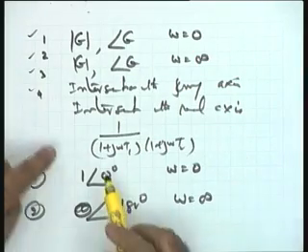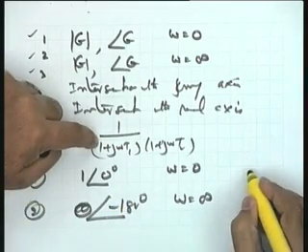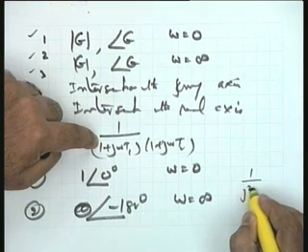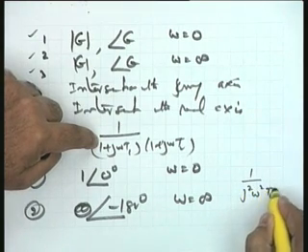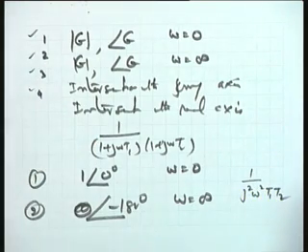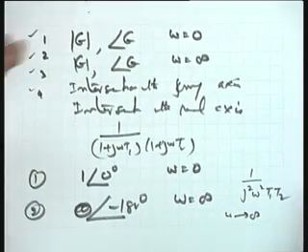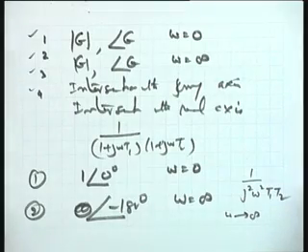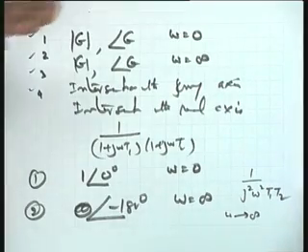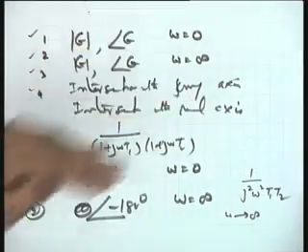You can just see at omega equal to infinity, I am approximating this as 1 by j squared omega squared t1 t2. So instead of taking omega equal to infinity, take omega tends to infinity. If omega tends to infinity, the plot goes to the origin being asymptotic to the minus 180 degrees line.